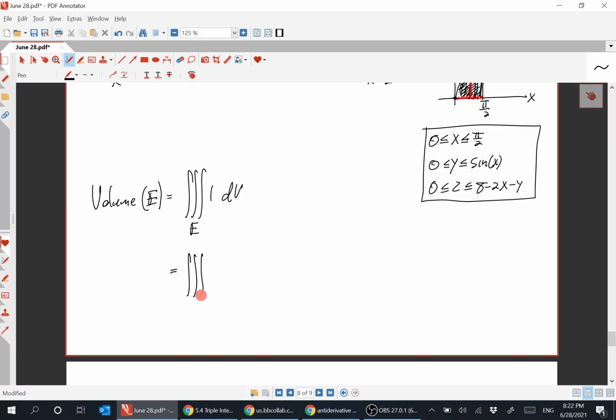So it's the triple iterated integral, z from 0 to 8 minus 2x minus y, y from 0 to sine x, and then x from 0 to pi over 2, of 1, and this is dz, dy, dx, bottom to top.